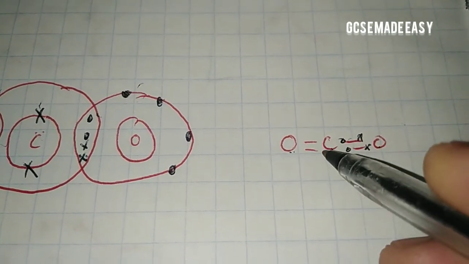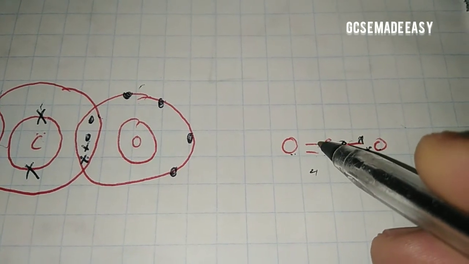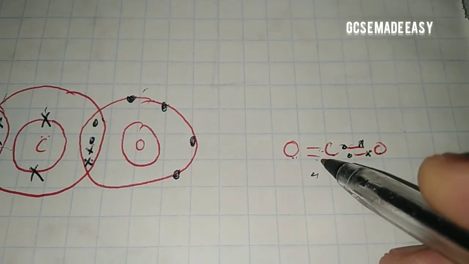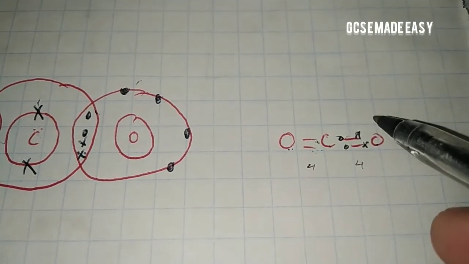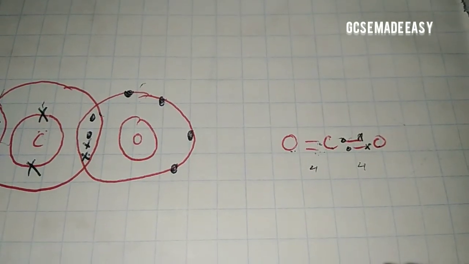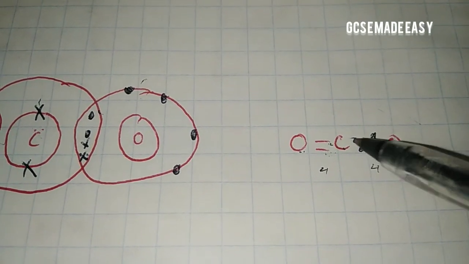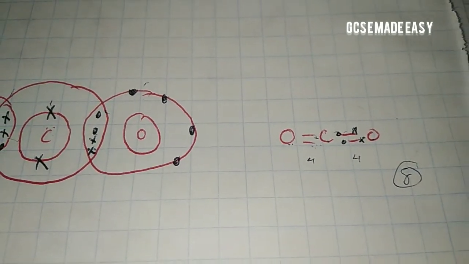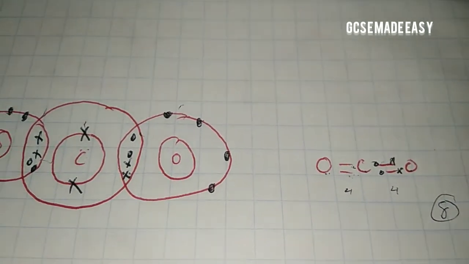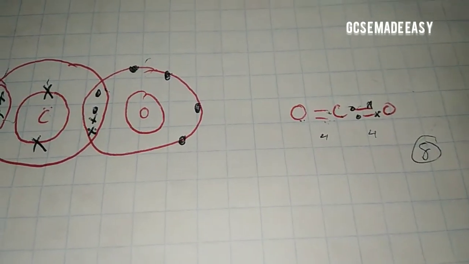Between this oxygen and this carbon, we have a total of 4 electrons, because a double bond is made up of 2 single bonds, and a single bond is made up of 2 electrons. So the total number of electrons that are shared in carbon dioxide is 8 electrons. So that is the bonding of carbon dioxide, ammonia, and water, which is H2O.